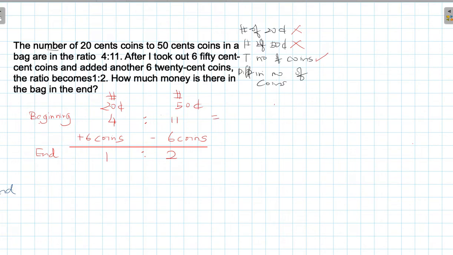My total number of coins in the beginning will be 15 units. What about here? Here I should make it 15, right? But no, I only have 3 units. Correct or not? In order for me to make these two the same, because I know that the total number of coins is the same.